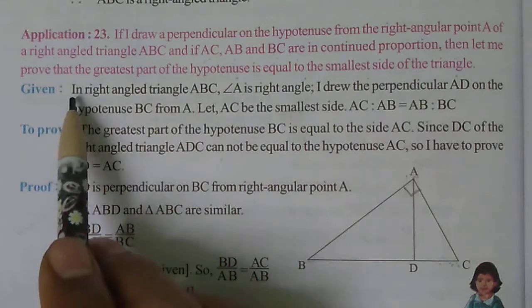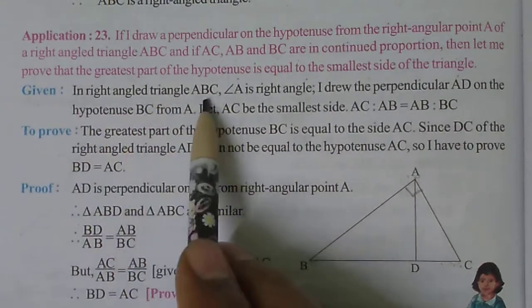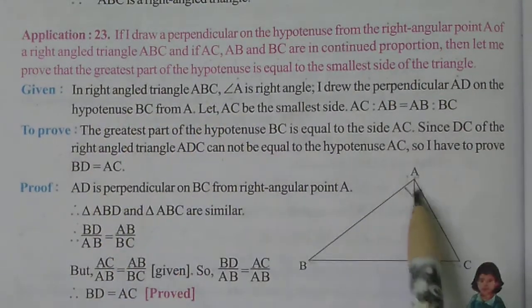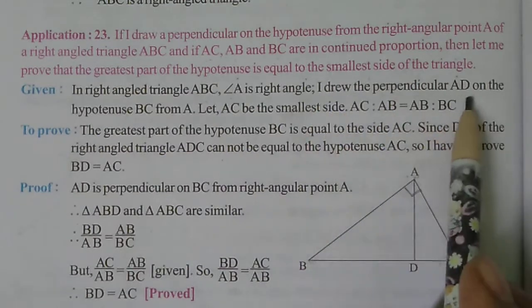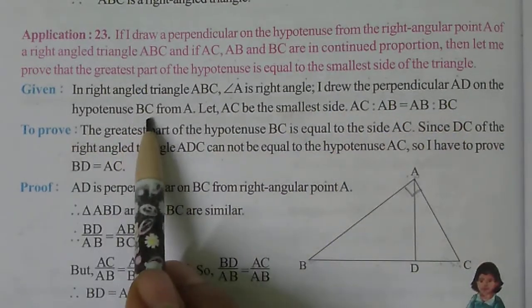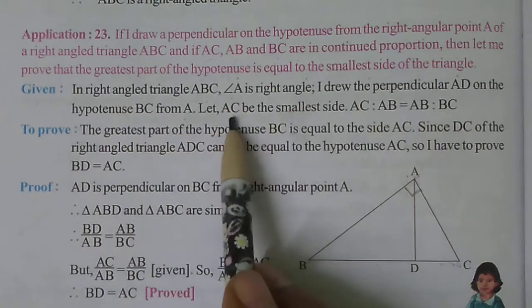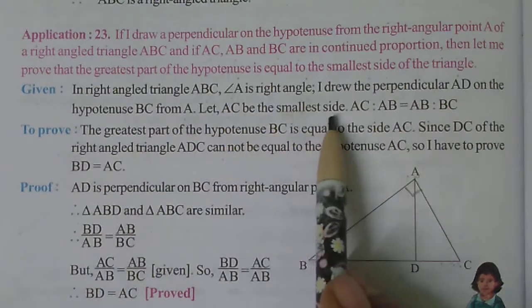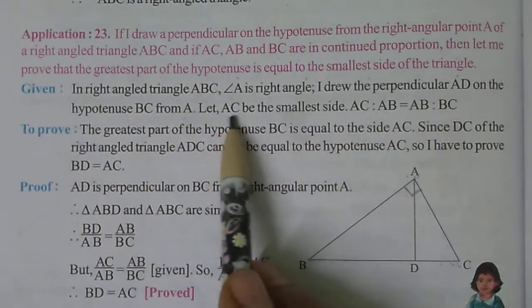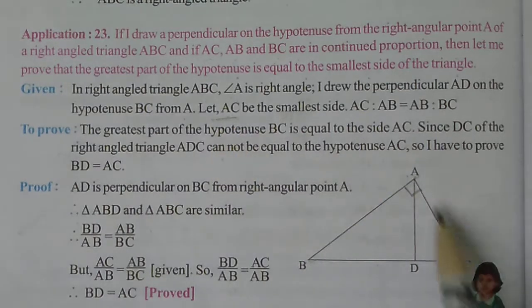So given that in the right angle triangle ABC, A is the right angle, I draw a perpendicular AD on the hypotenuse BC from A, and AC be the smallest side. Here we assume that AC is the smallest side.